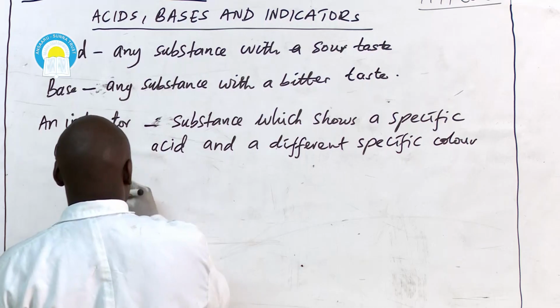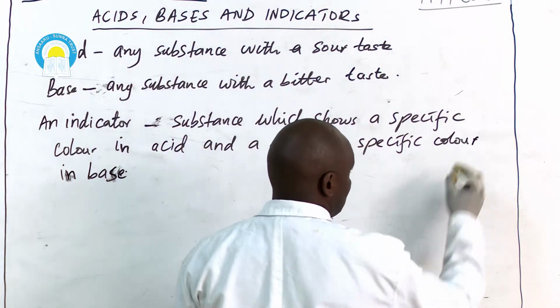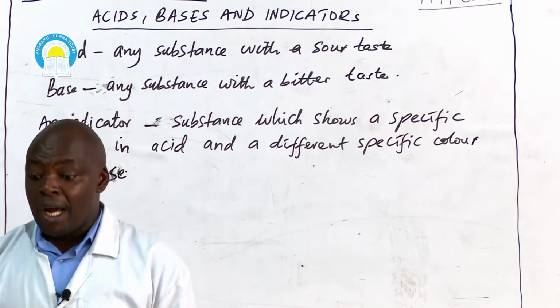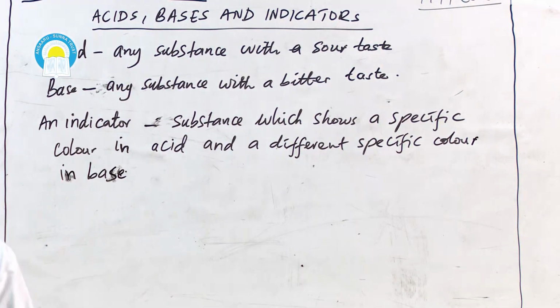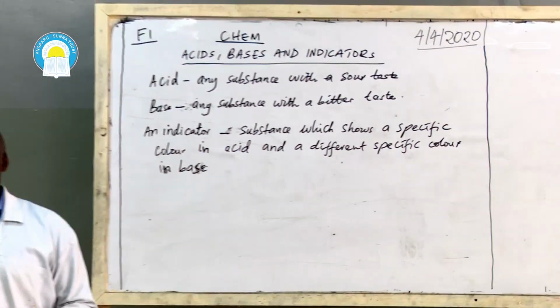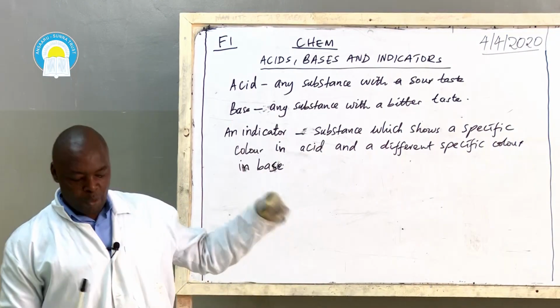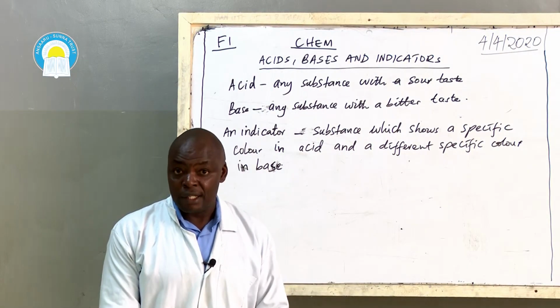So that is how indicators classify substances as either acids or bases. That is, all solutions of acids will show a specific color, while all solutions of bases will show a different specific color from the one for acids.